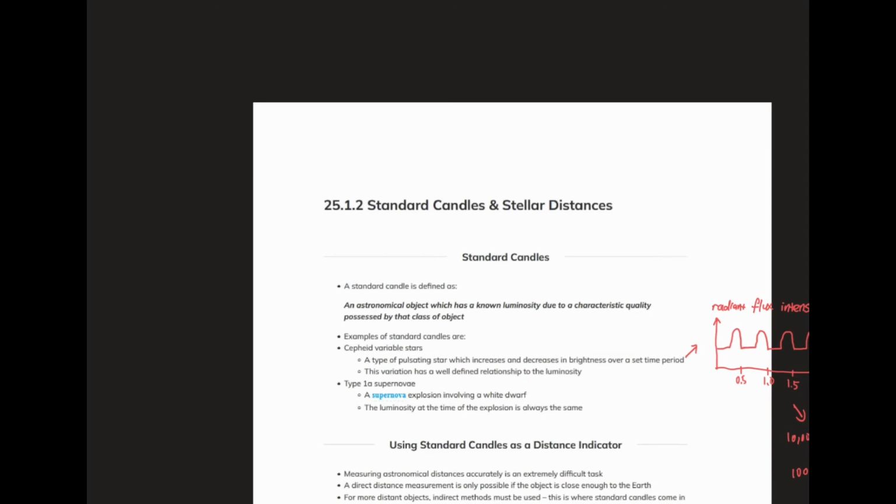Quick revision here. It's about the life cycle of a star. So we have a stellar nebula. That changes to an average star. An average star is a star with moderate size.